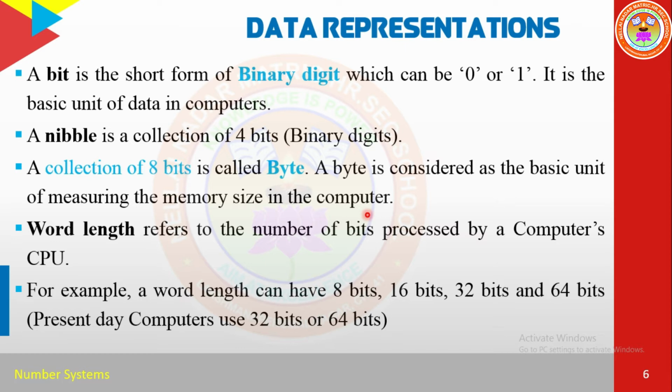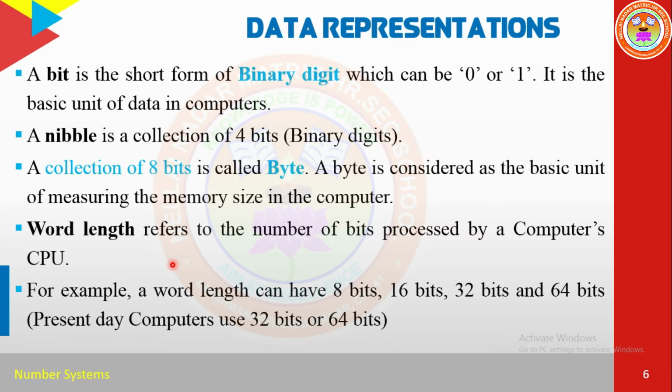Understood? Right. The next point, word length. What is word length? Word length generally refers to the number of bits processed by a computer's CPU. As per the CPU, if any data you feed, automatically this CPU will perform the action or process the particular data. That time the number of bits of data is referred to as what? Word length.